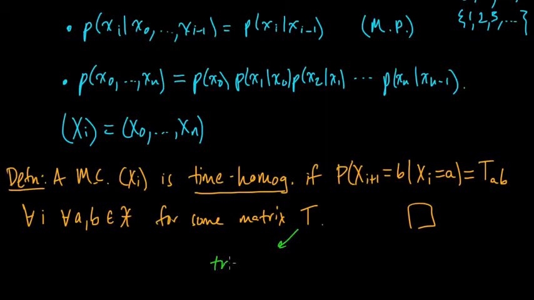This T is the transition matrix, and it is what's called a stochastic matrix, meaning that all its entries are non-negative, and the rows of the matrix sum to 1. So the sum over b of t_ab sums to 1 for any a. That's called a stochastic matrix, and this is for a discrete Markov chain with a discrete space.